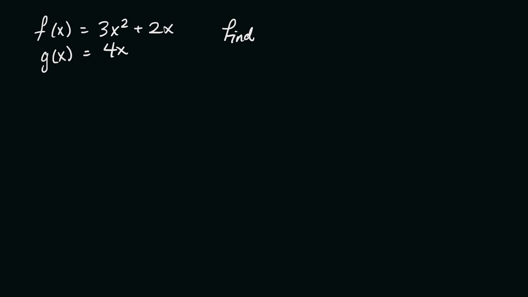Find g of f of x. Try to find that out first. Pause the video here, see if you can do it. So hopefully you figure this out on your own.